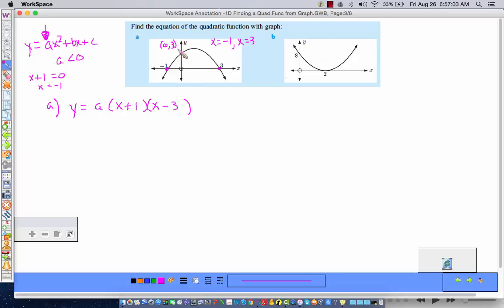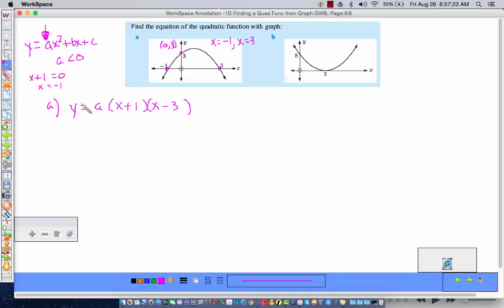But what I am sure of is I know a point other than the x-intercept. You can't use the x-intercept because it's going to turn out to be 0. So you need another point on the parabola, which we have. In this equation, when x equals 0, y is equal to 3.